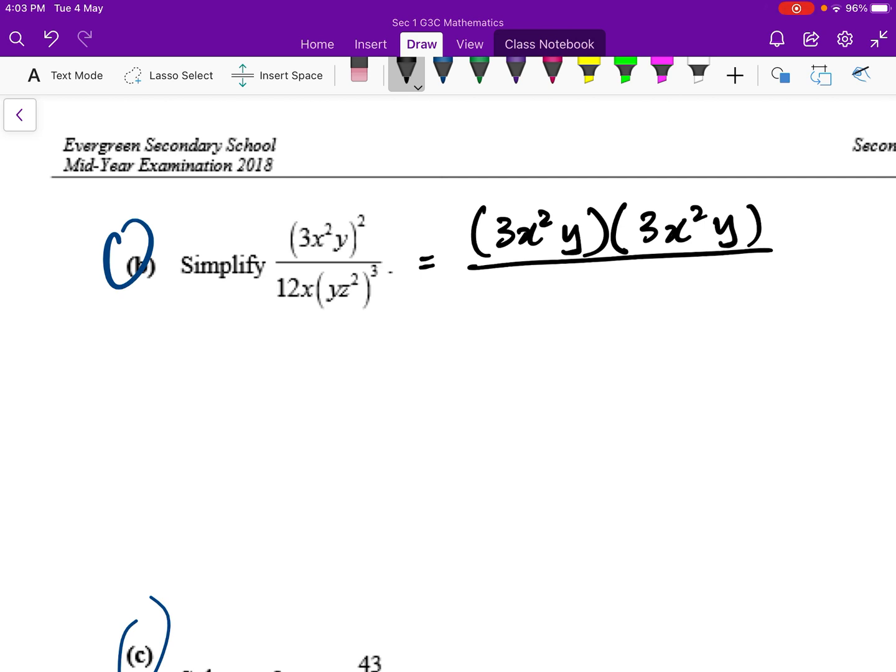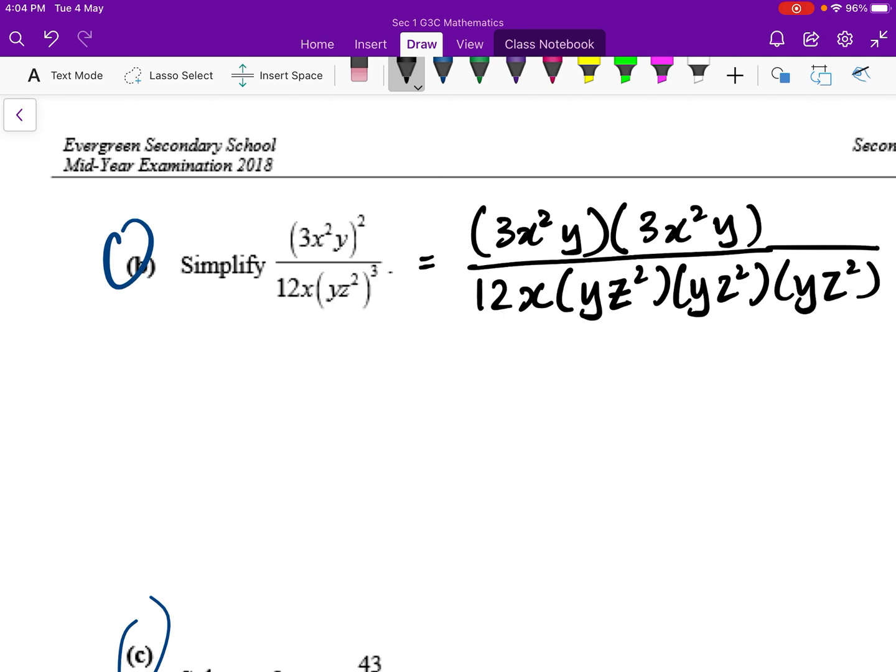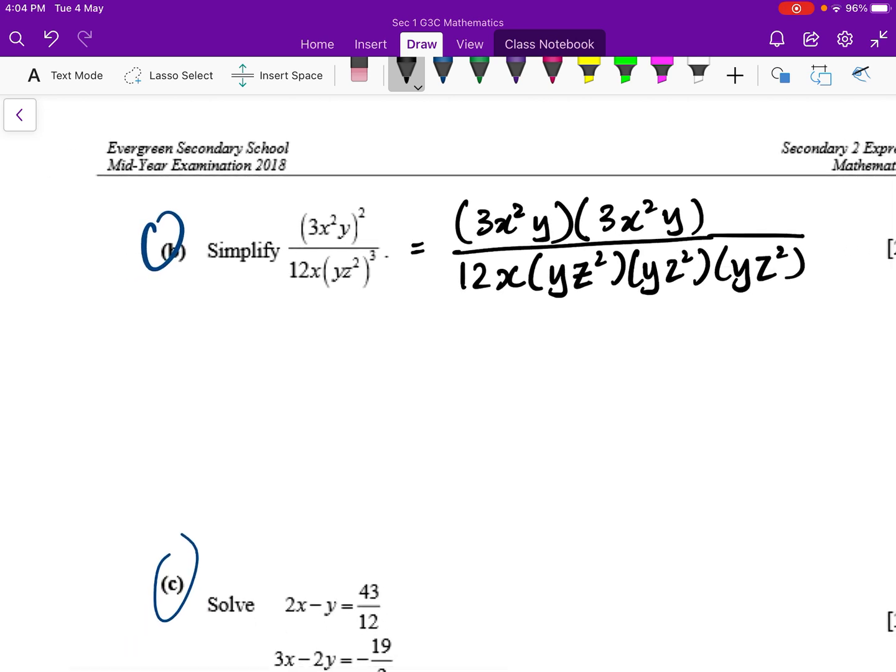Okay, so we can deal with that a little later. Now in the denominator, we have 12 times of x multiplied by yz square times itself, yz square times yz square again. So this is what it means if you were to expand everything out. Okay, so let's get back to the numerator. Let's deal with the numbers first. 3 times 3 gives us 9.